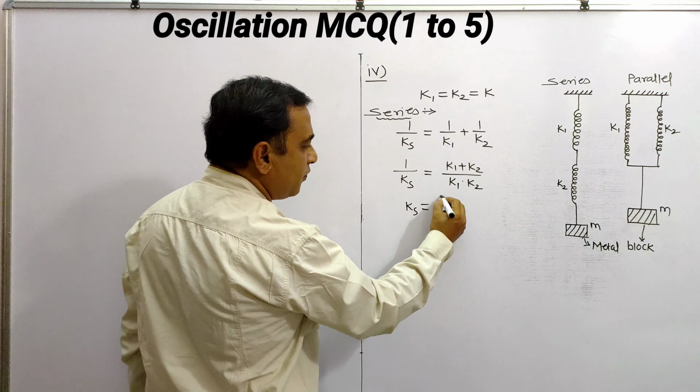B, the force is maximum at time 3t by 4. C, the velocity is 0 at time t by 2. And D, the kinetic energy is equal to total energy at time t by 4.